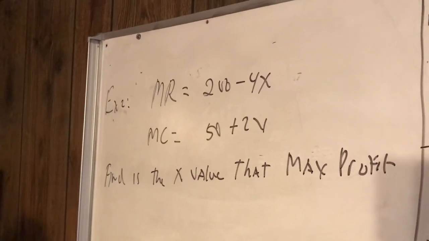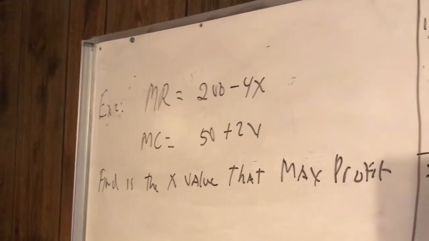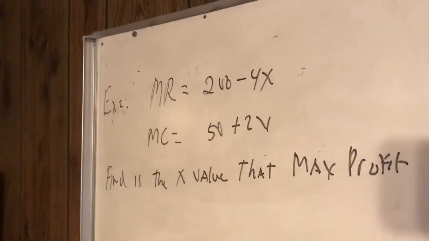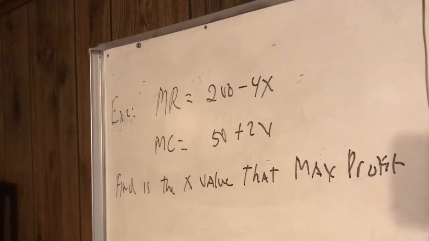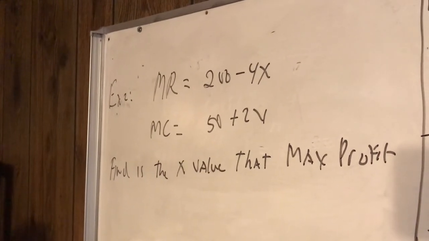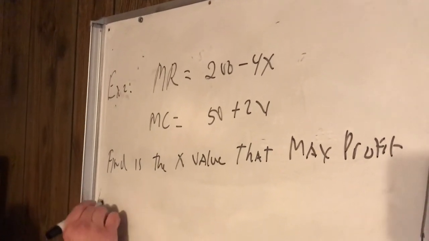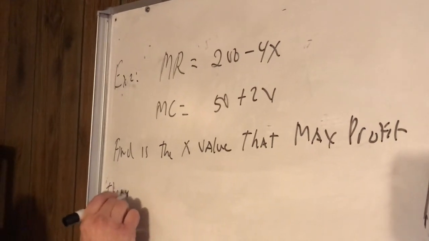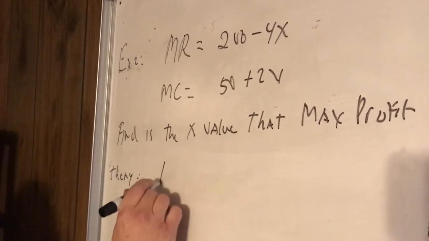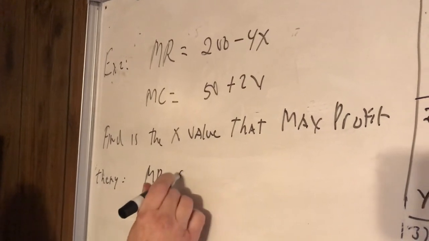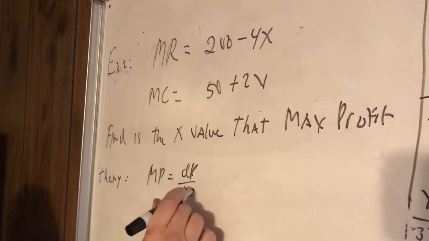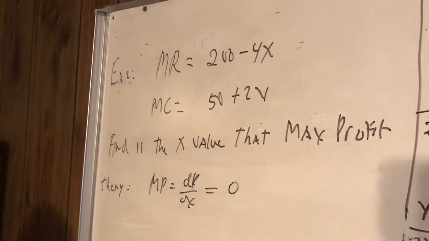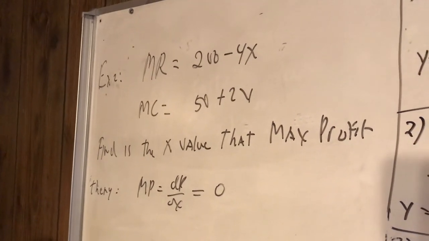Now you might think that you have to find revenue and costs here. Not really, because how do you find profit? The theory is to take the derivative, the marginal profit, which is dP/dx, and let it equal 0.